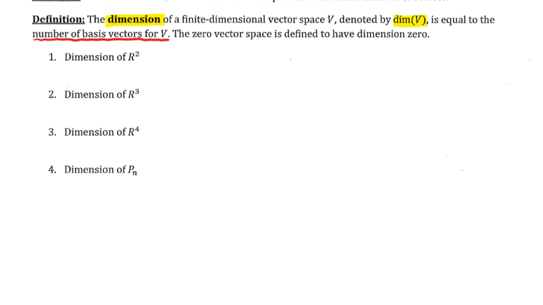So the dimension of R2. We have some evidence that a basis for R2 is going to have two basis vectors. So the number of basis vectors is equal to 2 for R2, which implies that the dimension of R2 is 2.